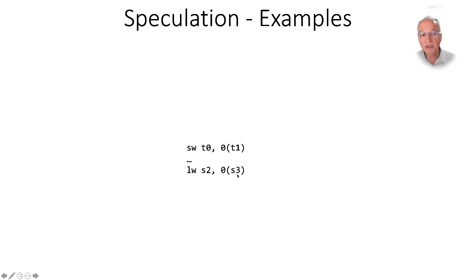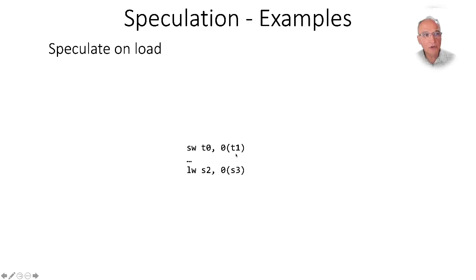If the values of T1 and S3 are not the same, I can safely perform this load before this store because I'm loading from a different memory location. However, if the values of S3 and T1 are the same, I cannot do that, because the value that this load should be loading is the value stored by that store.